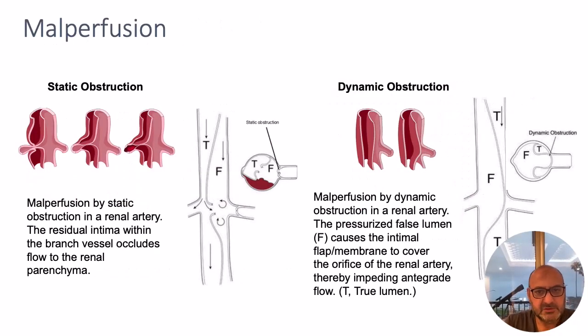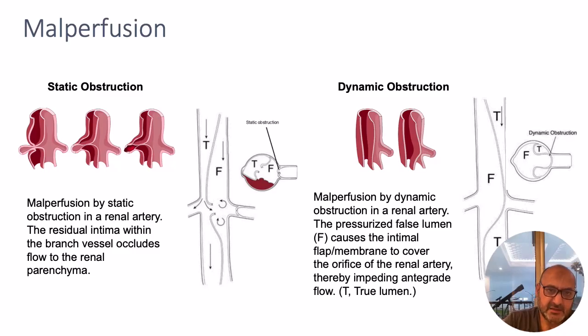We also talked briefly about dynamic and static obstruction. Static obstruction is where you have physical occlusion in the orifice of any target, any visceral vessels, renals, could be iliac, could be SMA, could be anywhere, and that's a physical intimal occlusion.